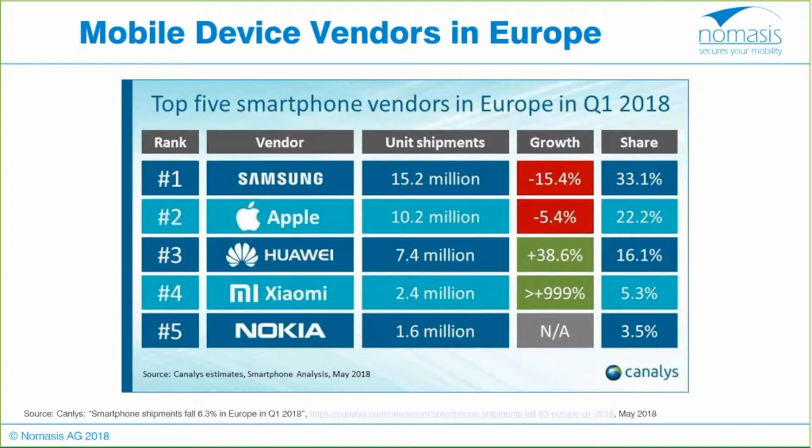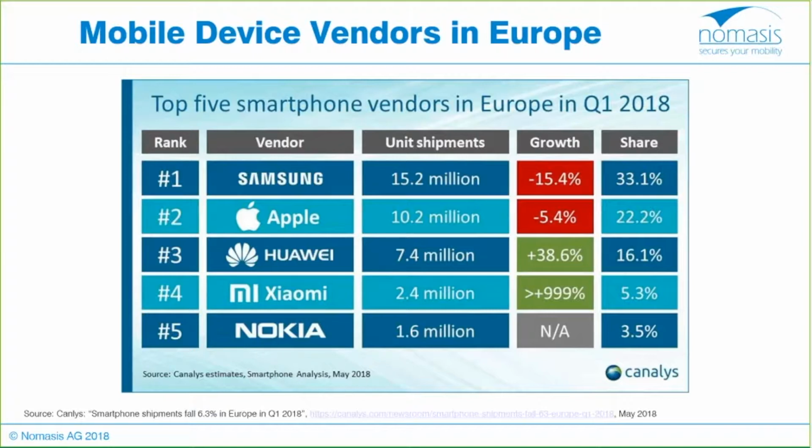But if you look at the market shares for that statistics now for Europe, Chinese companies are actually coming in quite fast. So Huawei is also one that you probably know by now. Xiaomi is a rather new one. They were for a long time only focused on the Chinese market, but now they're coming to Europe, to the US as well.